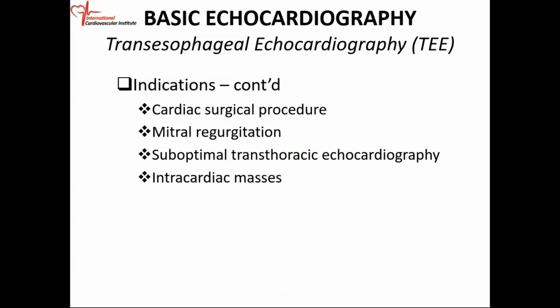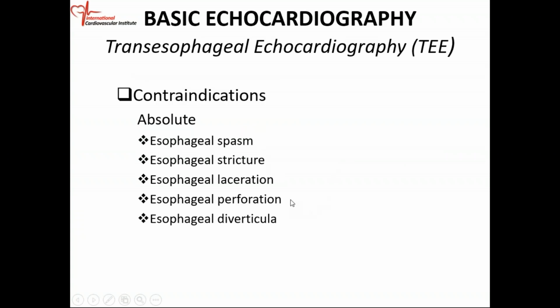Another important indication is if your transthoracic echo is suboptimal. That is, you can't see the endocardial border fairly well, you can't see the valvular structures well, then that's an indication to do a transesophageal echo. And then if there are any intracardiac masses, then your transesophageal echo is the way to go.